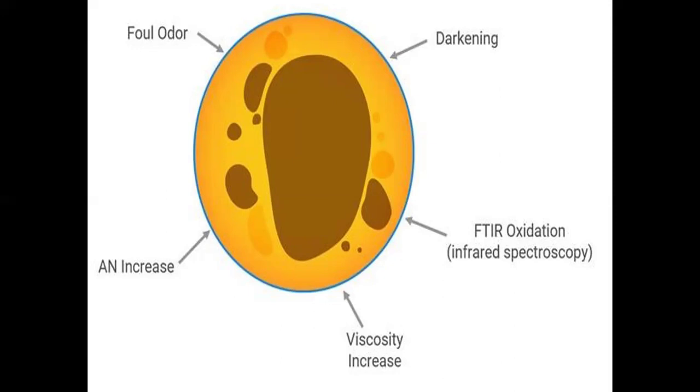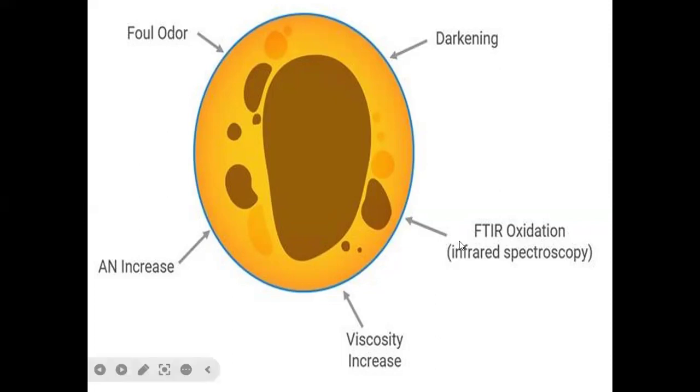Take note of these factors. We have foul odor. We can usually smell a bad odor from our lubricant if it is already used or oxidized. We also see that it is darkening. Usually, when we change our oil, the color would be darker, brownish or chocolate brown, or at times really black.